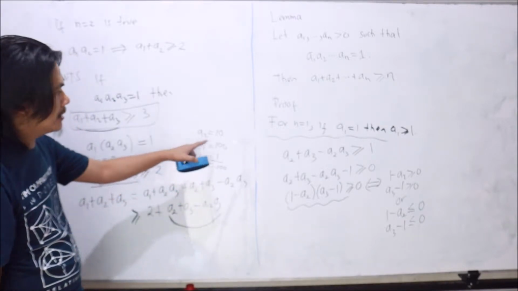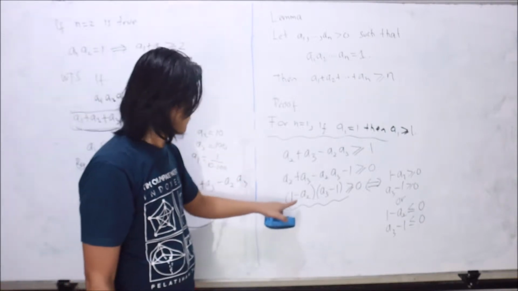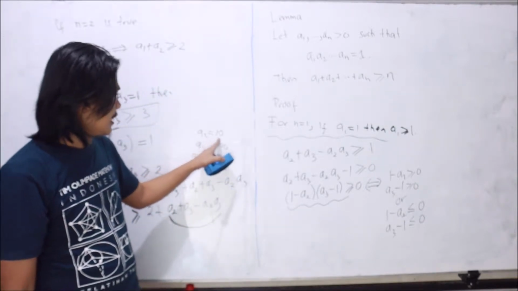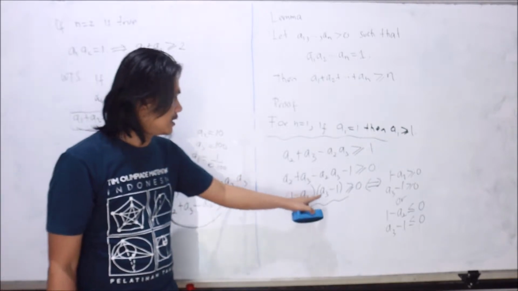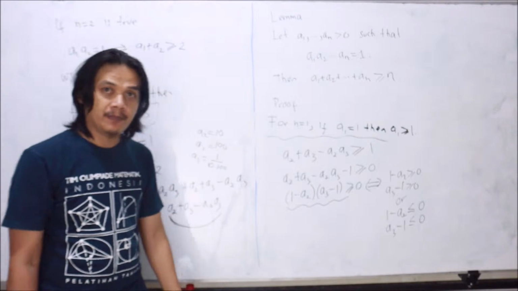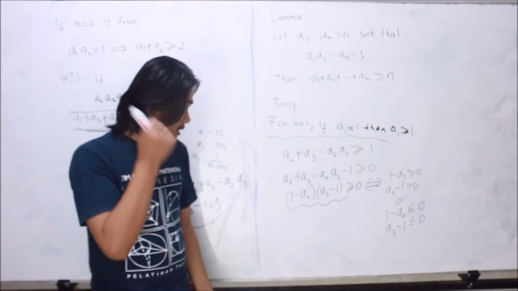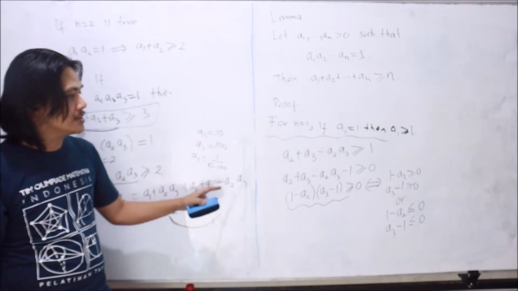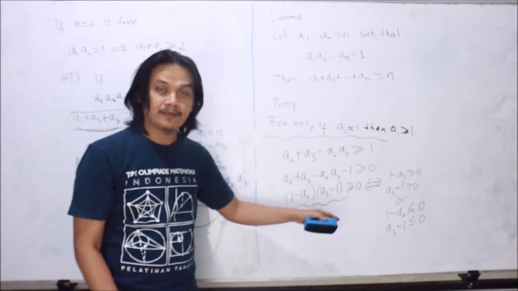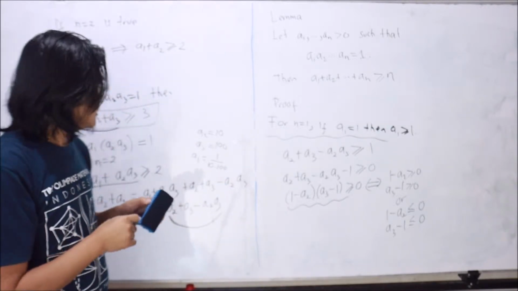And we can see that a2 and a3 violate this, because if a2 is 10, this is going to be negative, and if a3 is equal to 100, that's going to be positive, right? So the product of 1 minus a2 times a3 minus 1 is not always non-negative, right? That's our first impression.